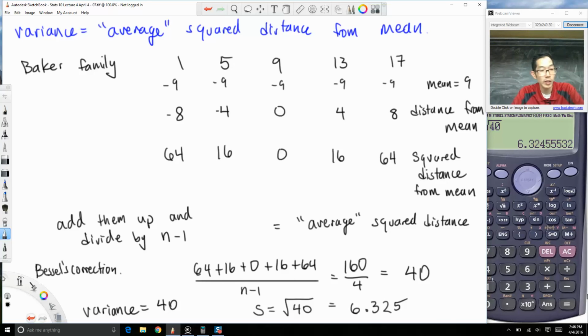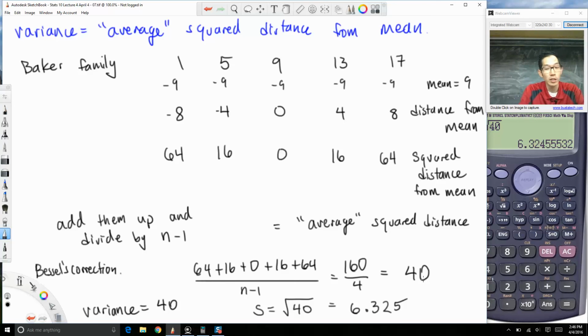And that is my standard deviation of ages in the Baker family. Does this feel satisfactory? If you can remember that the variance is the quote-unquote average square distance from the mean, we can figure out what it is quite easily.